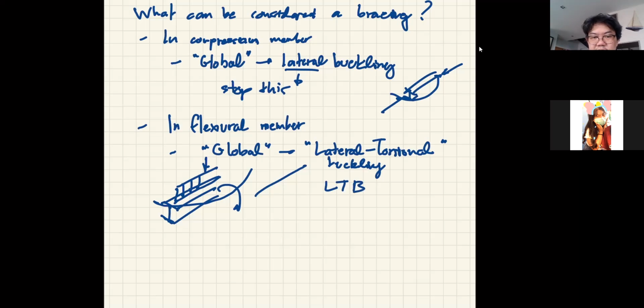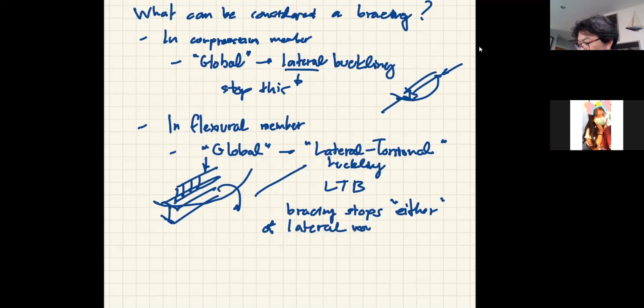So what can be considered a bracing would be something that can stop either of them, the lateral movement or a twist.